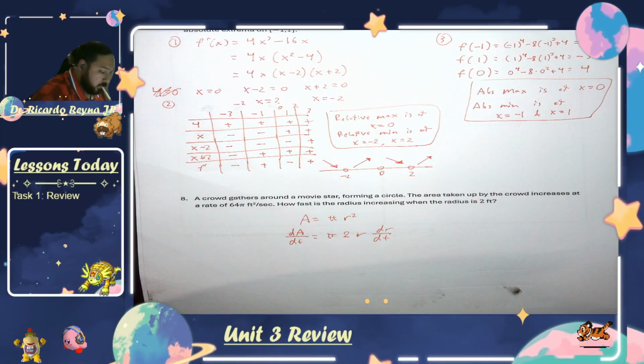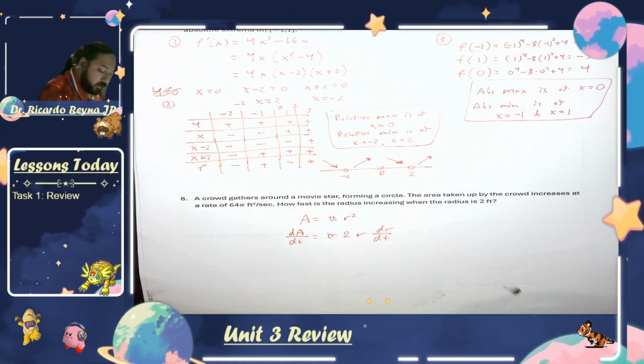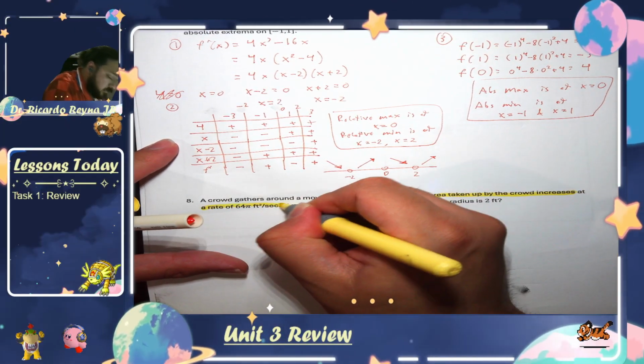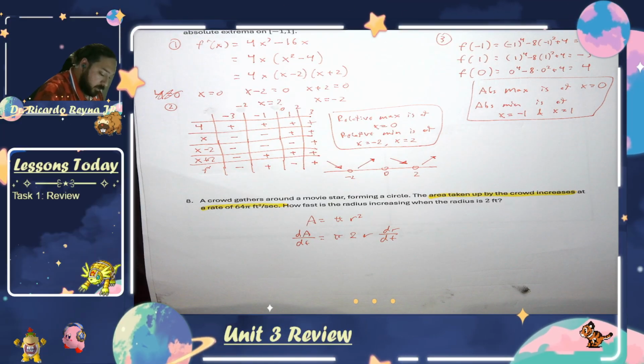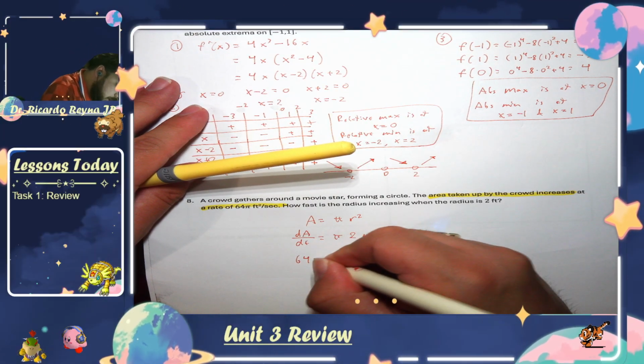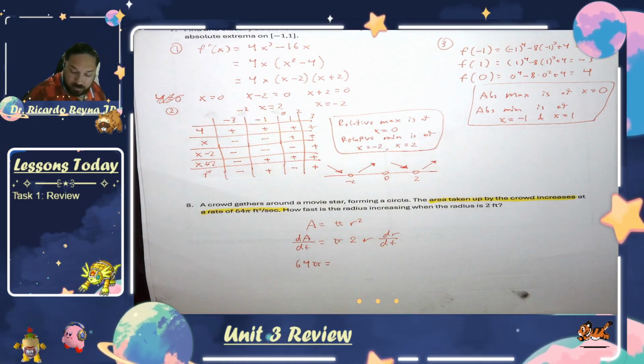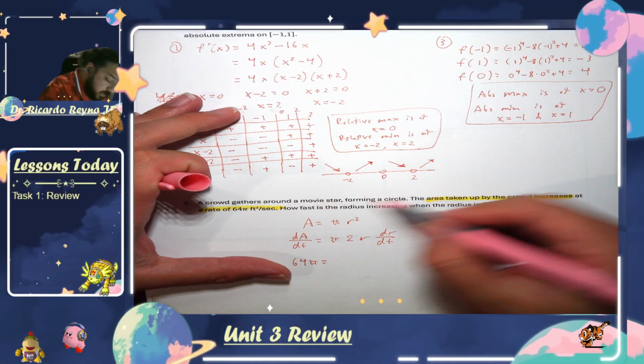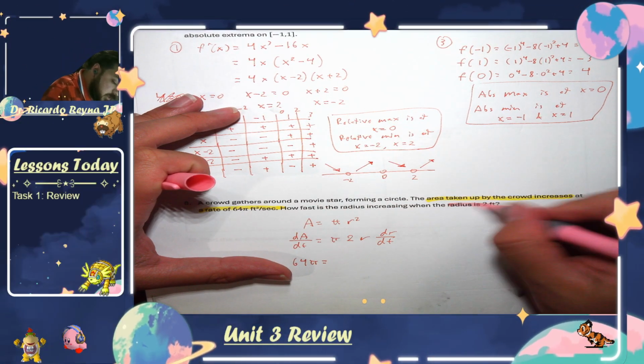Okay, so let's do a derivative with respect to time. We got dA over dt is equal to pi 2r dr over dt. Okay, then from here we can fill in the blanks. It first says that the area taken up by the crowd increases at the rate of 64 pi. So that's going to be 64 pi. And then it was how fast is the radius increasing when the radius is 2 feet.